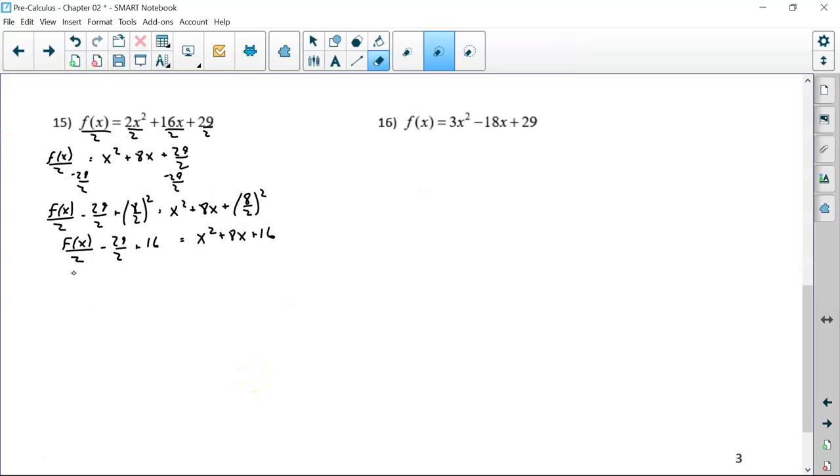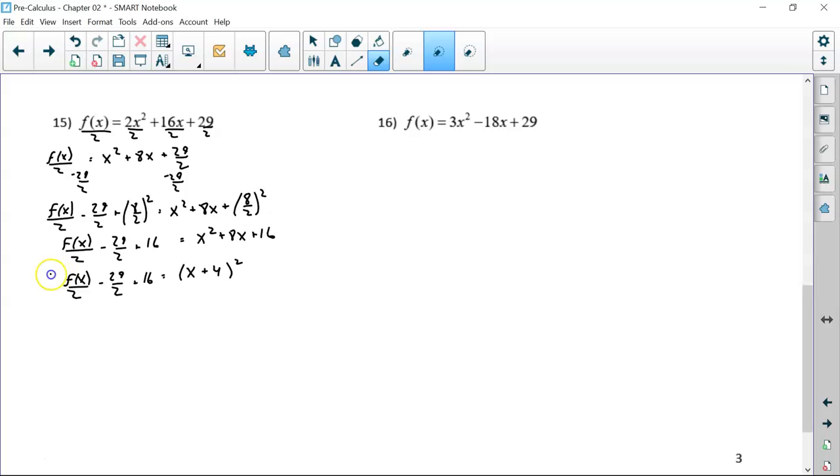I'm going to leave it just as is. f of x over 2 minus 29 halves plus 16 equals, and when we factor we get x. And remember, you can always find the number by taking 8 divided by 2, including the sign, so it's a plus 4. Now I can have the fraction. You can't have the f of x over 2. I want f of x.